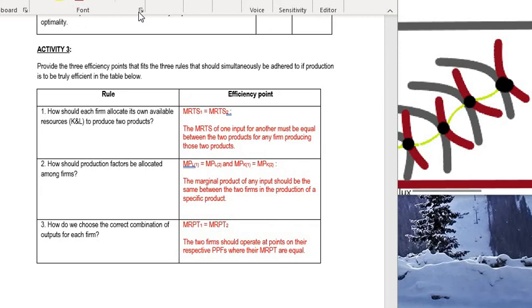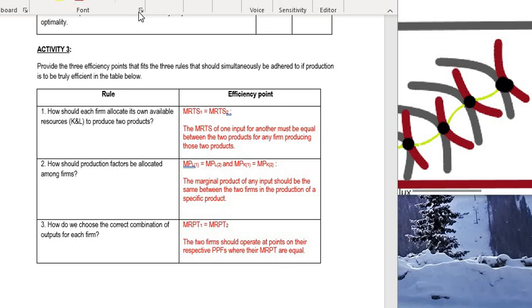Then the third one is how much of shoes and apples must each firm produce.